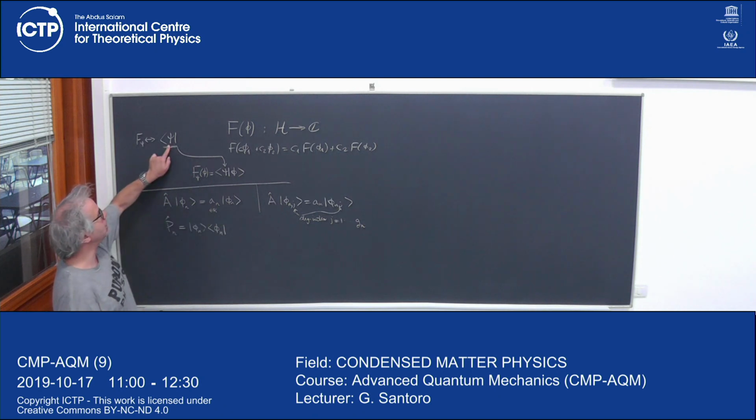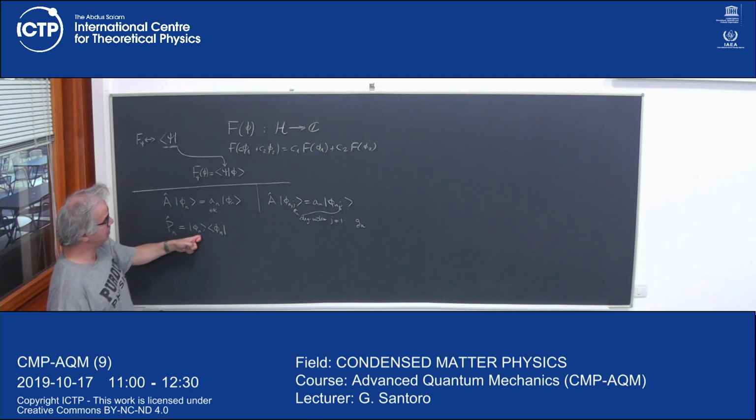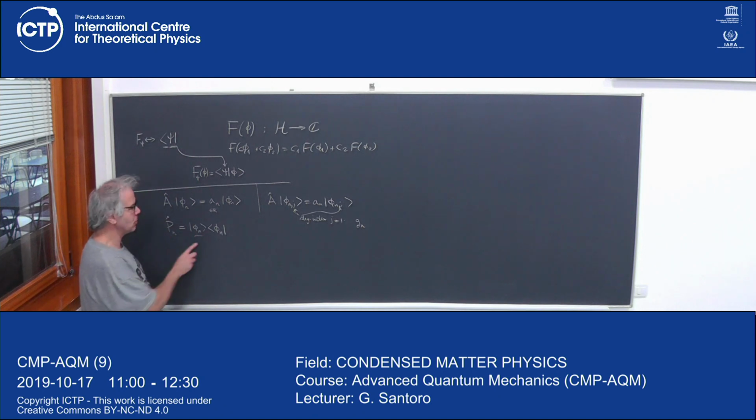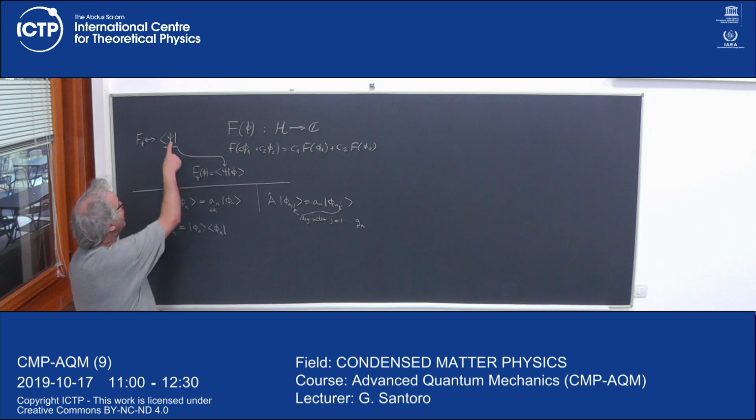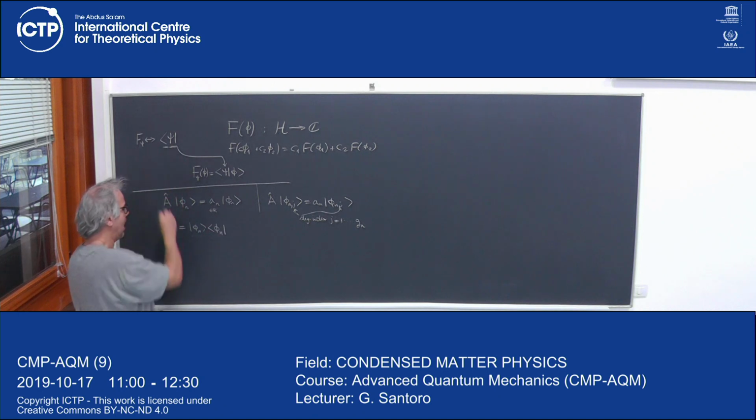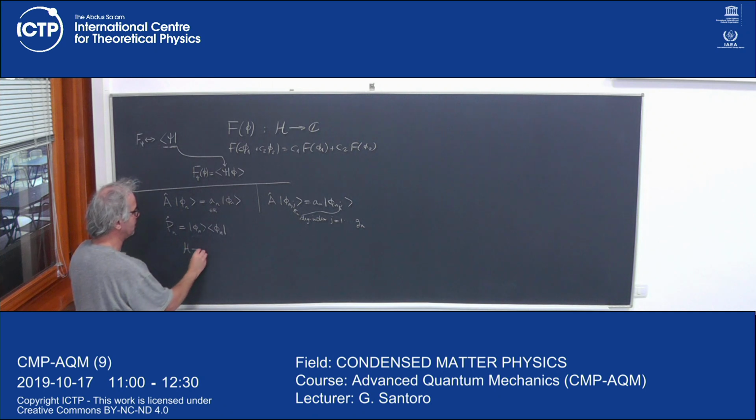But contrary to this, the end result is a vector of the Hilbert space, which is this. So somehow this object here, unlike the functionals here, are operators, okay, acting on the Hilbert space and giving you a vector in the Hilbert space, okay? And this is represented by this structure. The bra to the right and the ket to the left.